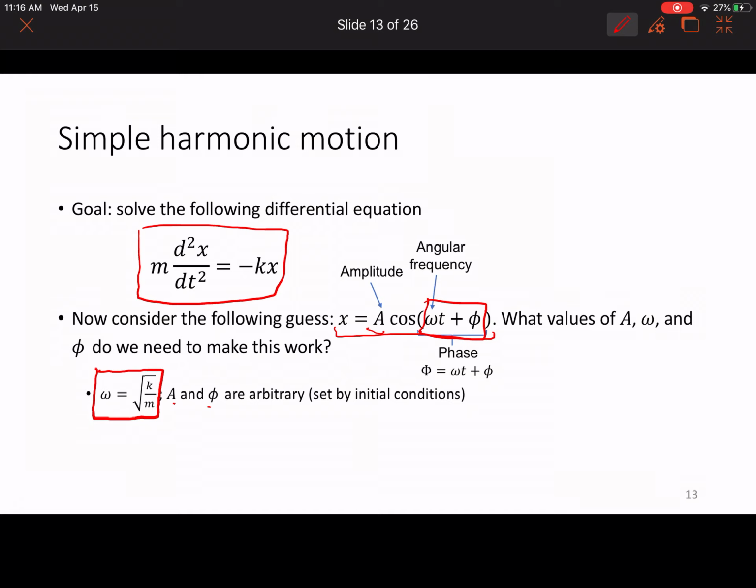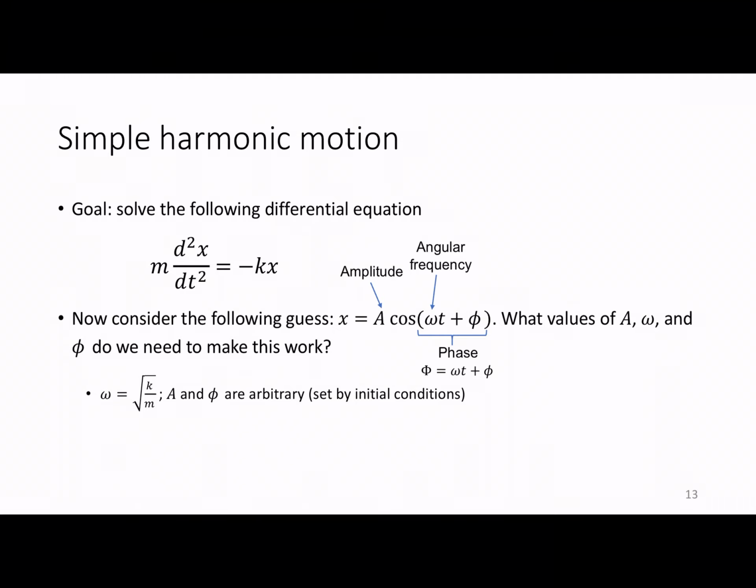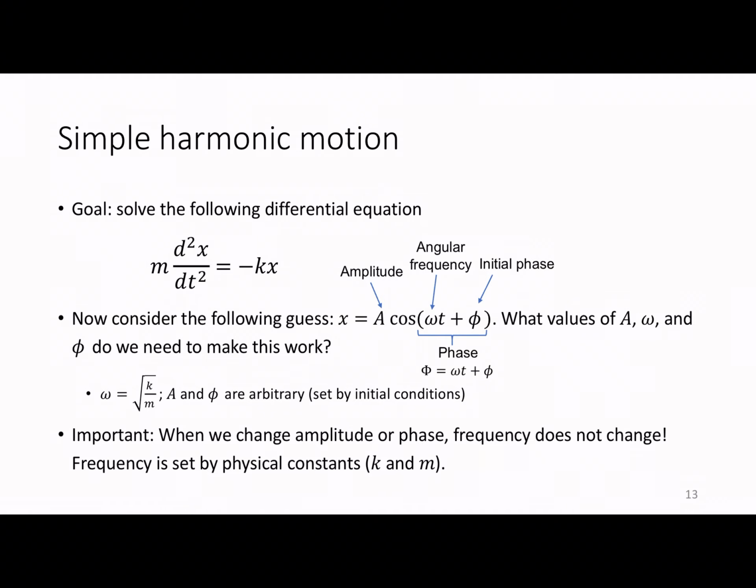And we're going to now do a lot of work with this expression for our simple harmonic motion in order to understand it, and understand it particularly in the case of springs. So as a quick note, this lowercase phi, that's the initial phase, because if I set t equals 0, my initial point in time, then my phase is just this lowercase phi. So that's my initial phase of the oscillations.